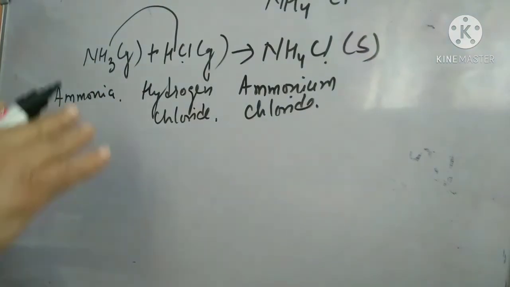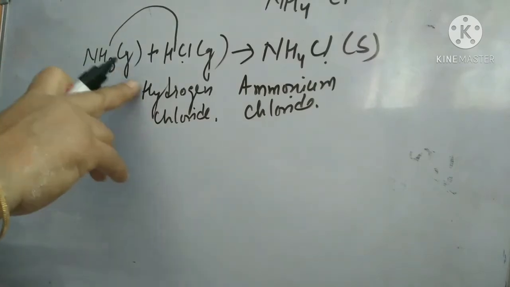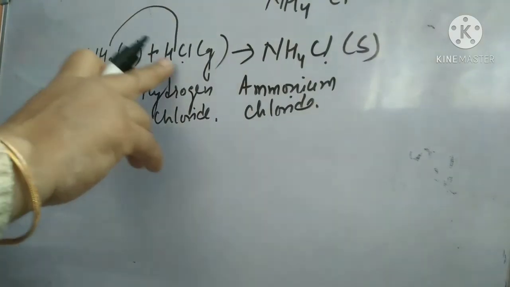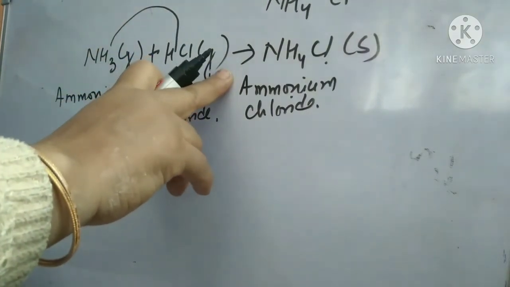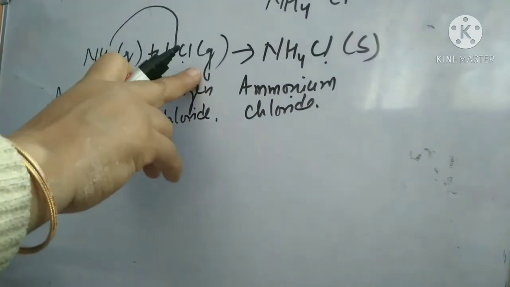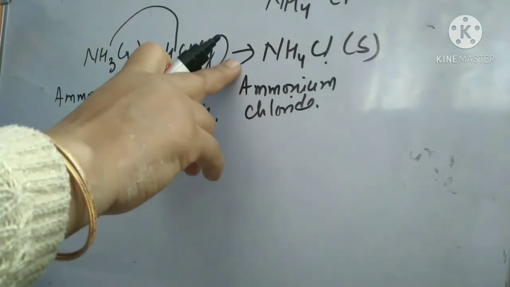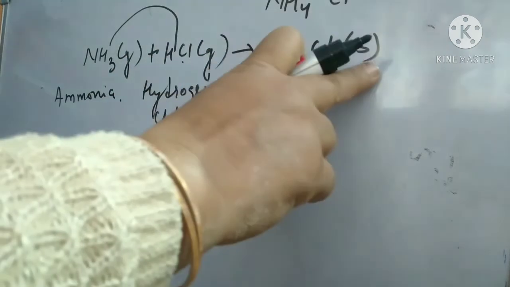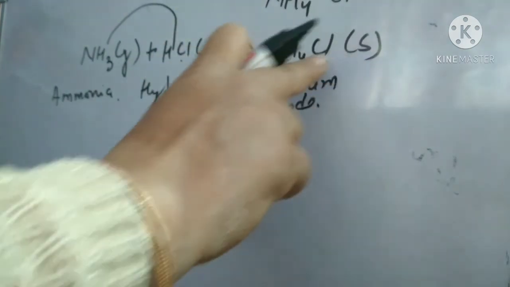Here we can see that ammonia is a gas, hydrogen chloride is a gas. When both of them react, they result in the formation of a solid, that is your ammonium chloride.